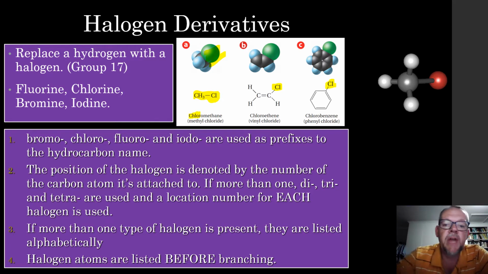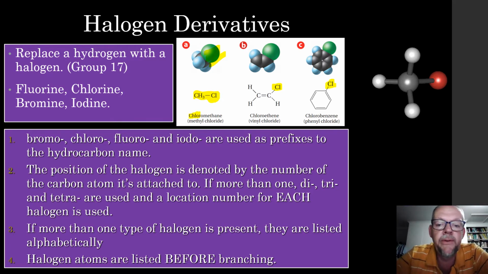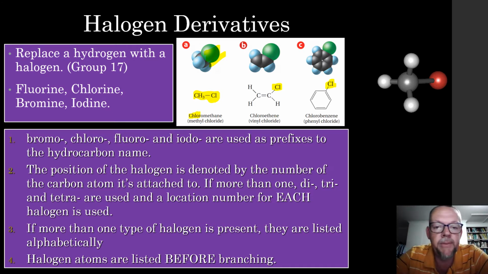So the position of the halogen is denoted by the number of the carbon atom it's attached to. So if there's more than one, you might go a di or a tri or a tetra. If there's four, used as a location number for each halogen used. Now, tetra obviously is only going to work for something like methane. So you've got tetrachloromethane, for example, and that's just what, CCl4.